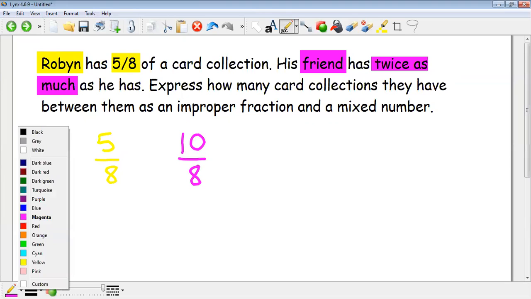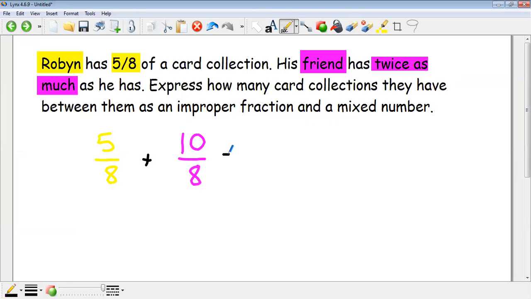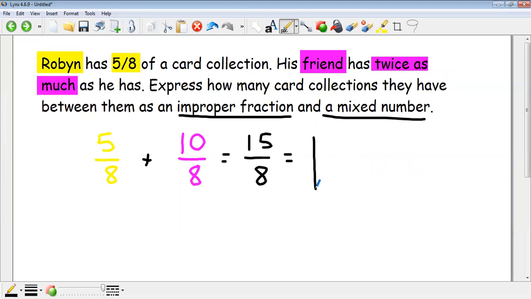So I can put these together. So as an improper fraction, it would be 15/8. But it also wants it as a mixed number. They've got a whole collection between them, and then they've almost got two, they would have 1 7/8 of the collection.